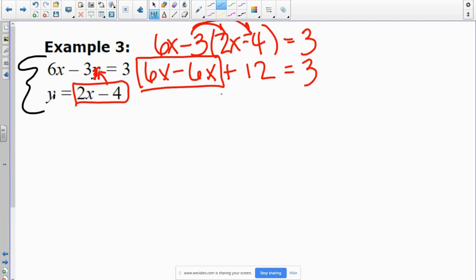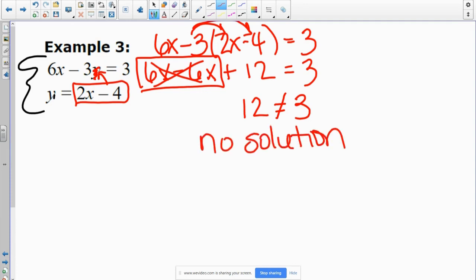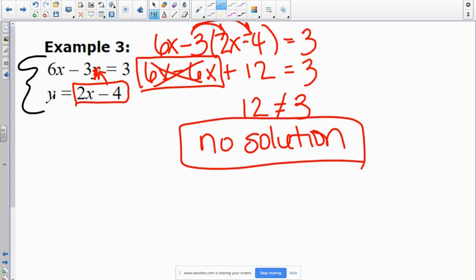So because these cancel out, I end up with 12 equals 3. If I step back and analyze that, 12 equals 3? Well, that's not true. If this statement is not true, if you end up canceling out the x values, then you know there is no solution, because there is nothing that equals both sides.